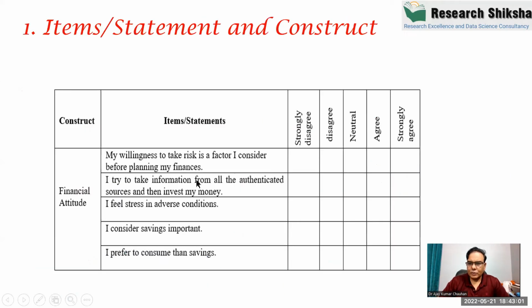In the next slide, I already showed you that financial attitude is the construct. It is measured with the help of 5 items, and these items are measured on a 5-point Likert scale. So this is the way we define the items and the constructs.